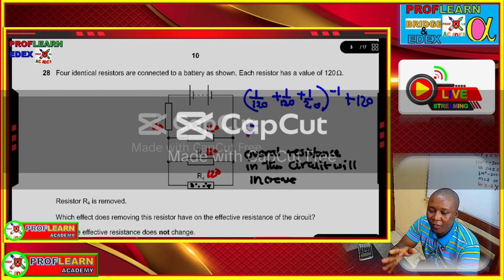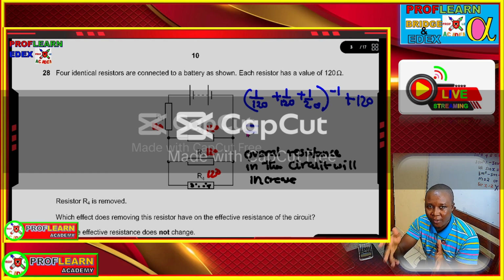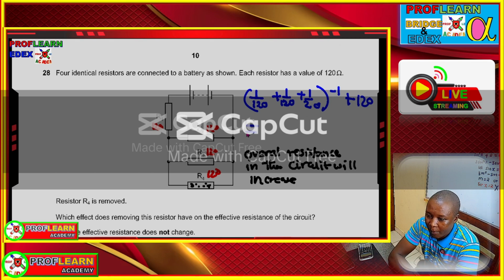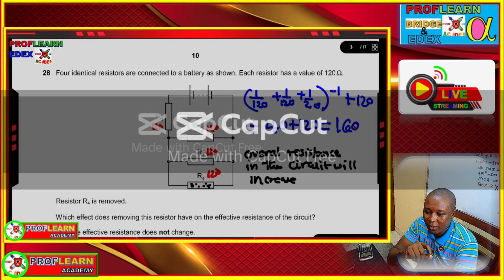So let's try to work out the resistance. Remember, whenever you have resistors in parallel, you say 1 over 120 plus 1 over 120 plus 1 over 120, raised to power negative 1, so that you find the reciprocal and get the exact answer. Plus 120, because we have another resistor there that is in series, that's why we're also adding 120. If you work it out, you get 40 plus 120, which is 160 ohms.